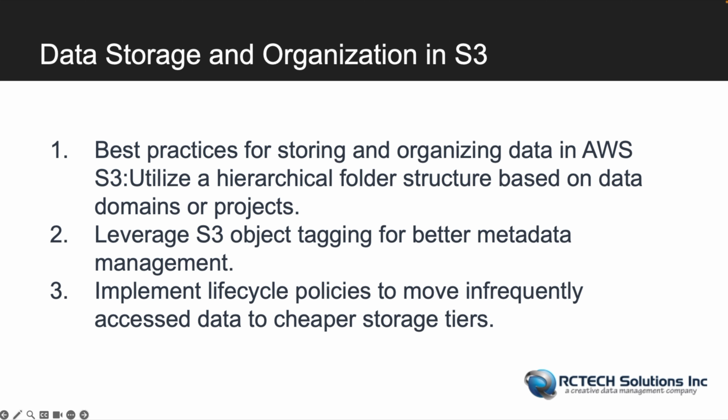Objects can range in size from 0 bytes to 5 terabytes and are stored within the buckets. Number three, keys. The key is a unique identifier for an object within a bucket. It is similar to a file path and can include prefixes and delimiters to organize objects into a hierarchical structure.